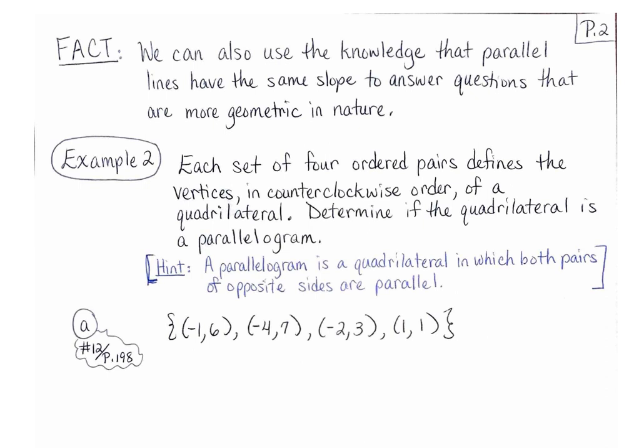That's count as negative, right? Determine if the quadrilateral is a parallelogram. A parallelogram is a quadrilateral in which both pairs of opposite sides are parallel, meaning they have the same slope. Okay?